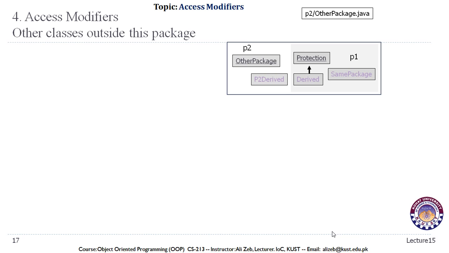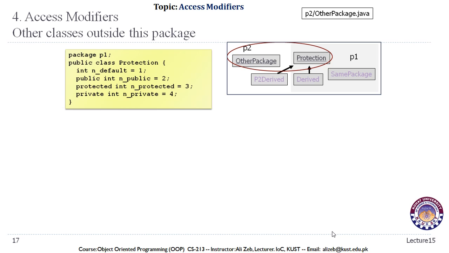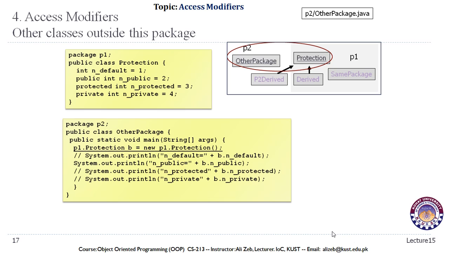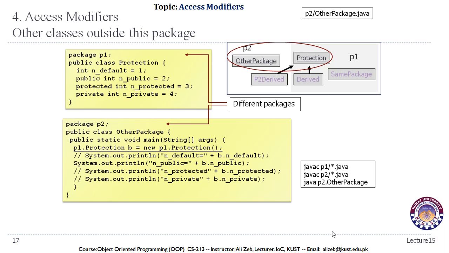we have two packages p1 and p2, and if we try to access the variables or the methods of the protection class that is declared in p1 from some class that is declared in p2, that is a different package, in this case the other package class, we may not be able to access the protected variables, the default variables, and of course the private variables.